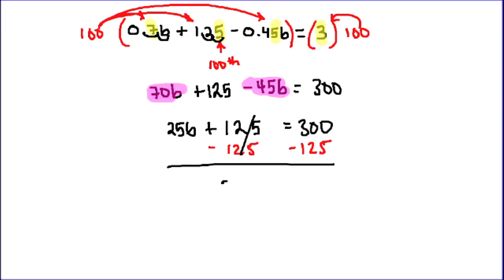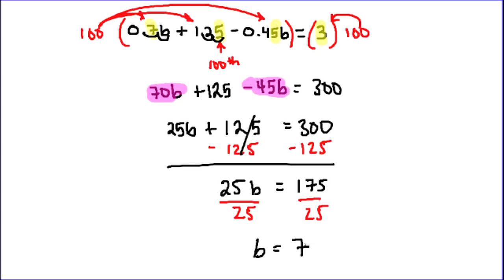That cancels out. 25b equals 300 minus 125, which is 175. Divide both sides by 25, and you are left with b is equal to 7.